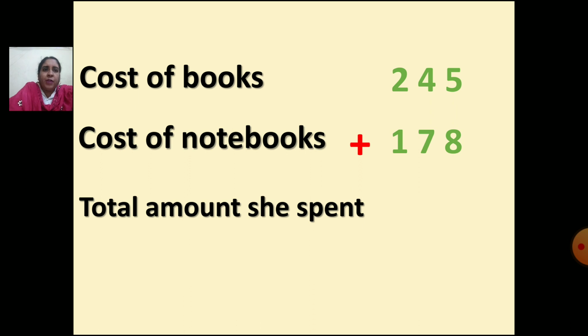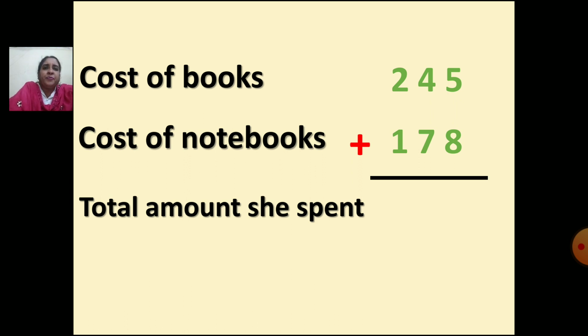Addition. So for that you will put sign of plus, you will draw the line, and now you are going to add. So from where you are going to start adding the numbers? From the units place, then tens place, then hundreds place. Okay. Now let us add numbers in units place. 5 plus 8. Slowly you will count. 5 plus 8.